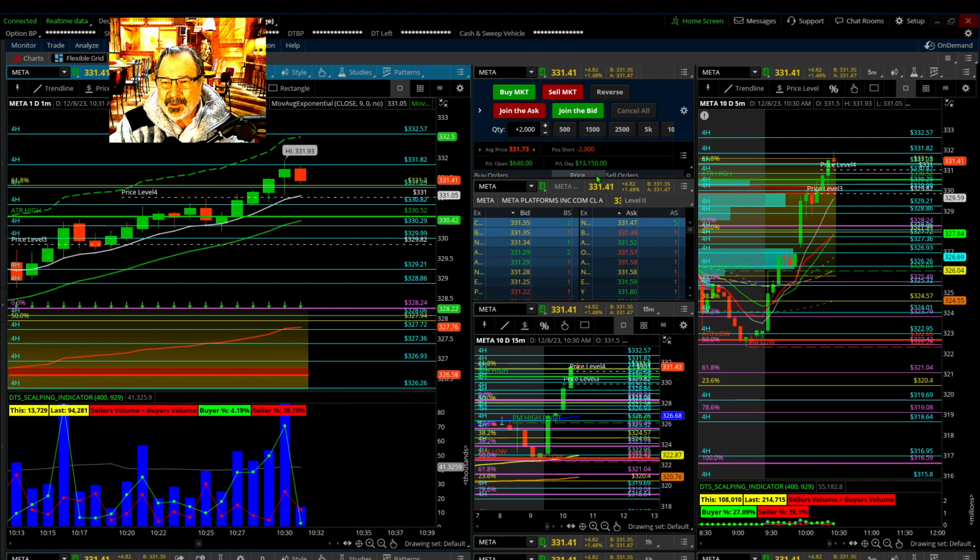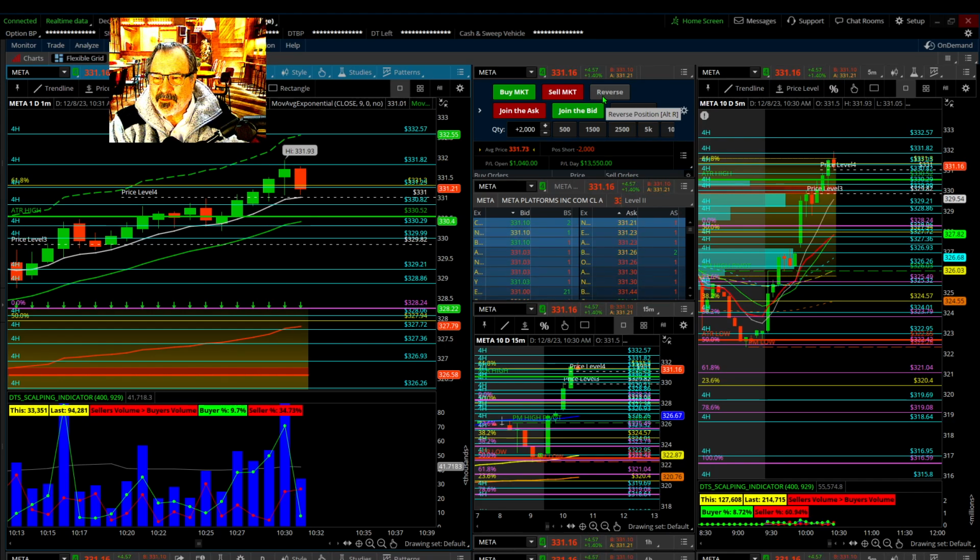Here we go. Now I'm back over 13. Now it's got the fib for support. Here we go. Got a nice cushion on this single trade.